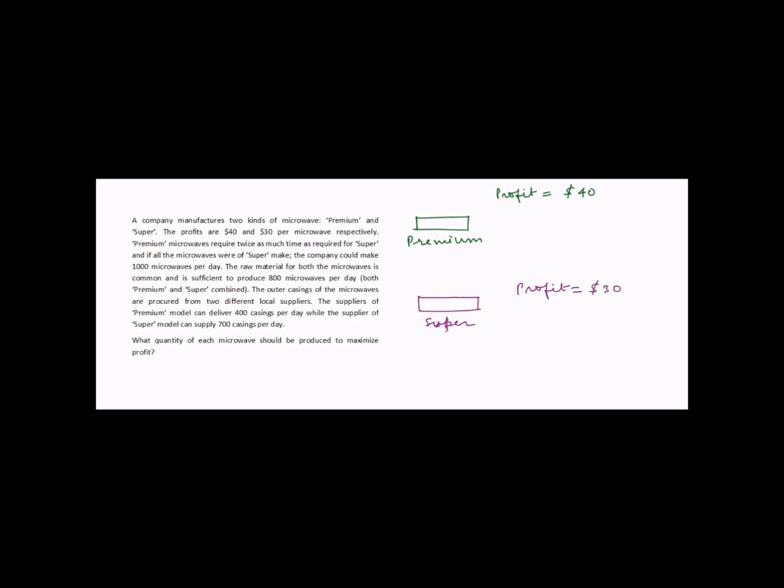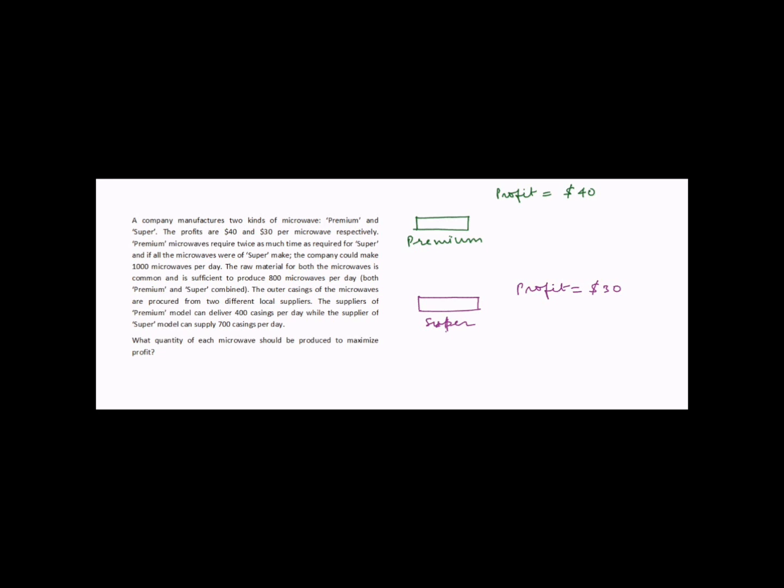Next, we have been given that premium microwaves require twice as much time as required for the super microwaves. So if we assume that the time in minutes to manufacture super microwave is T, then the time to manufacture each piece of premium microwave becomes 2T.